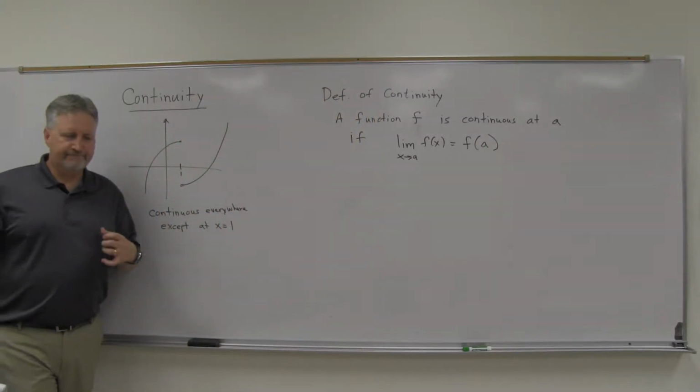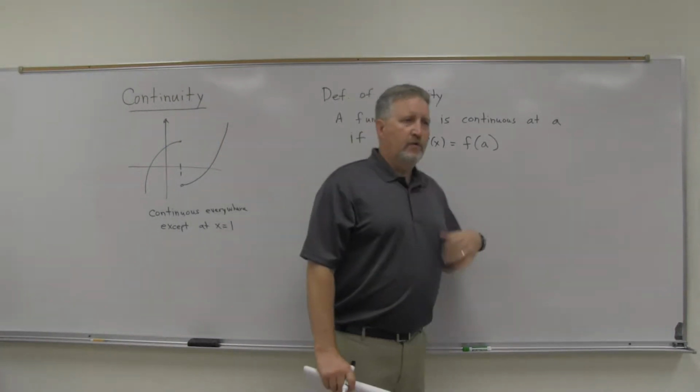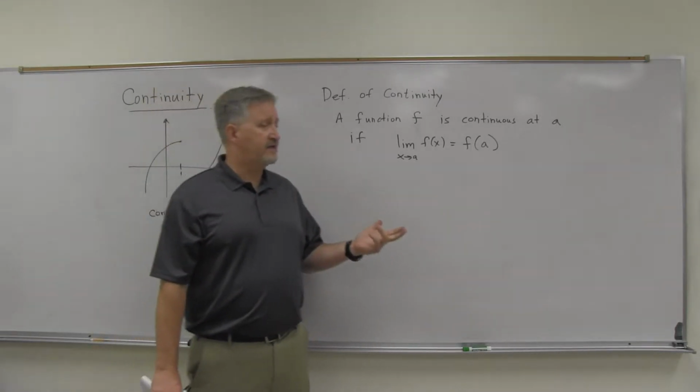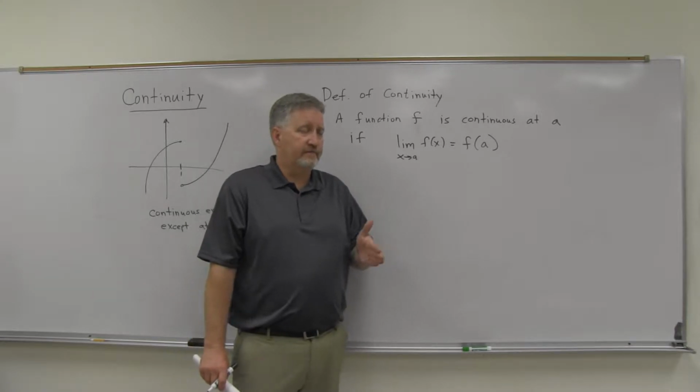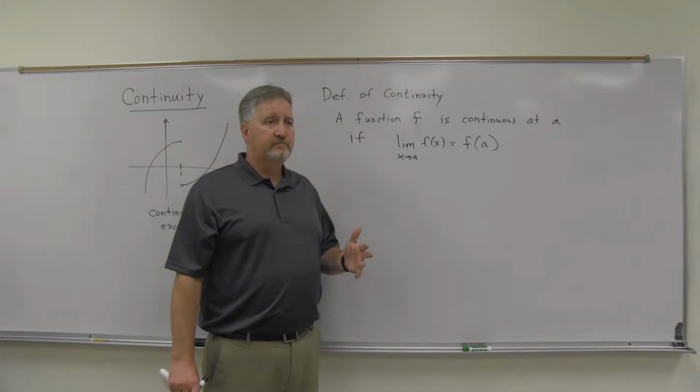We said when we started limits, the function value doesn't really have to match the limit. The function value at whatever value x is going to doesn't have to match.